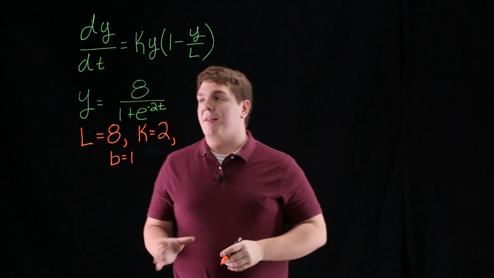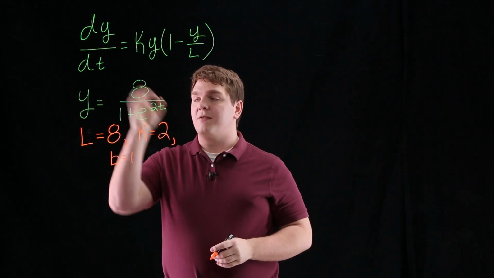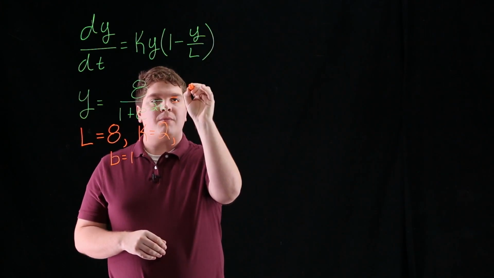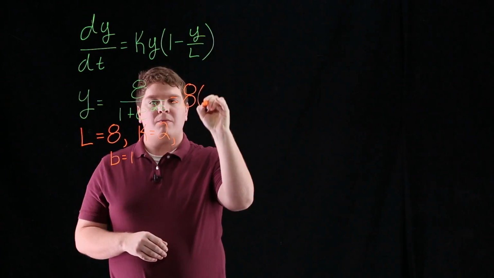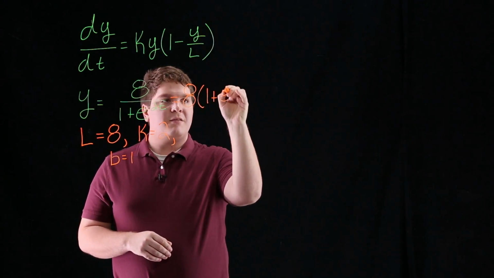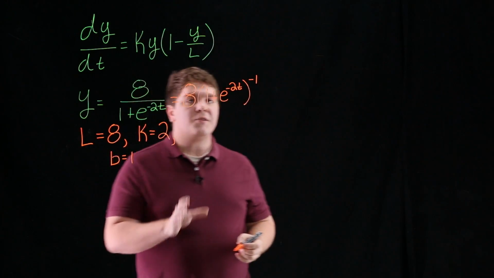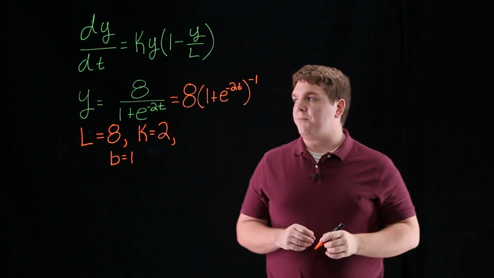So now to start showing that this is a solution to this differential equation, let's start by rewriting y as 8 times 1 plus e to the negative 2t to the negative 1. This will just simplify our derivative.